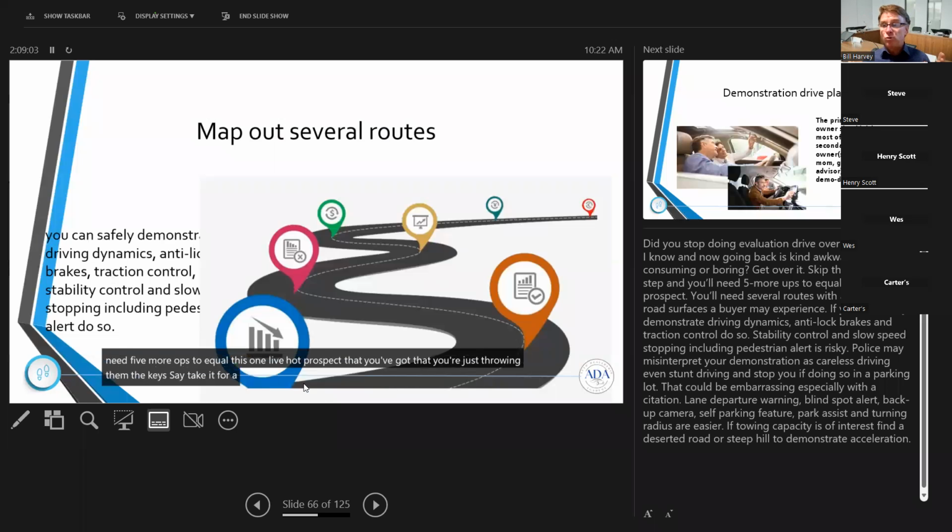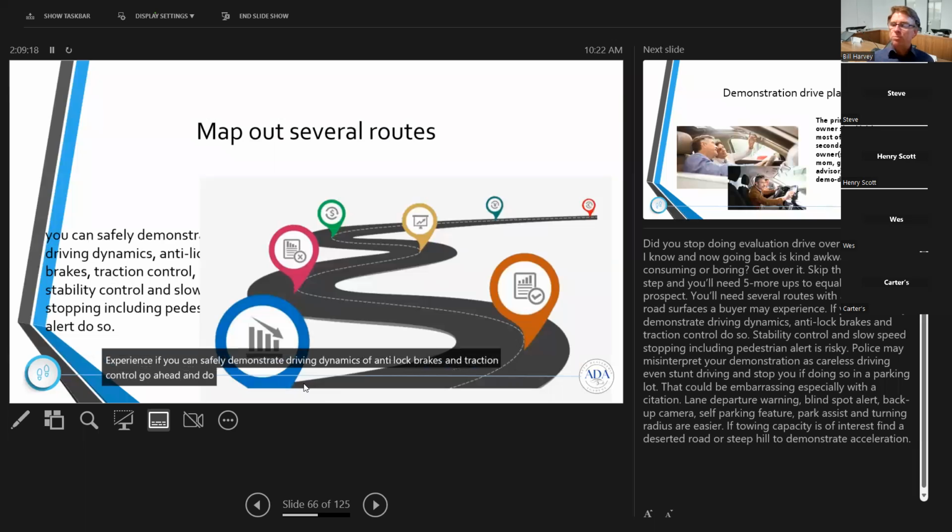You'll need several routes with all elements of the road surface that the shopper could experience. If you can safely demonstrate driving dynamics of anti-lock brakes and traction control, go ahead and do so.